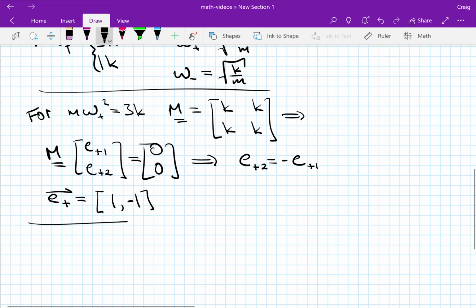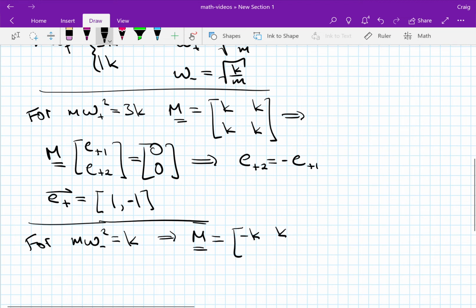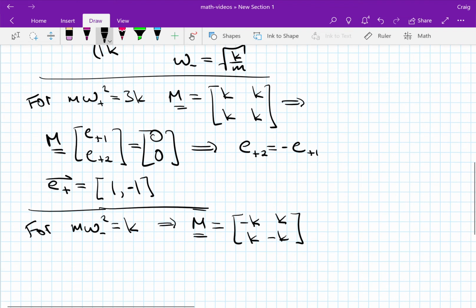And then for m omega minus squared equal to 1 times k, then the matrix M becomes negative k, k, k, negative k, and we see immediately that now both components of the eigenvector have to be equal to each other.